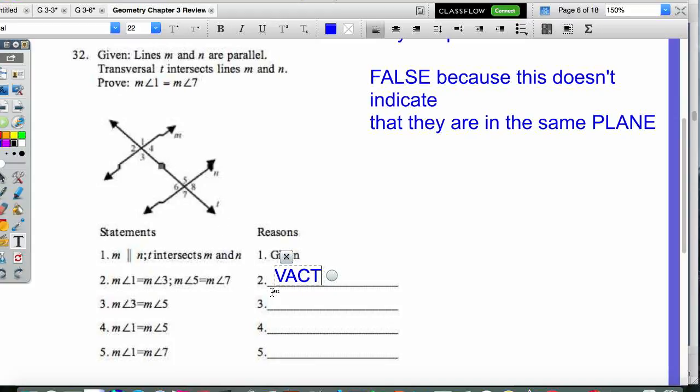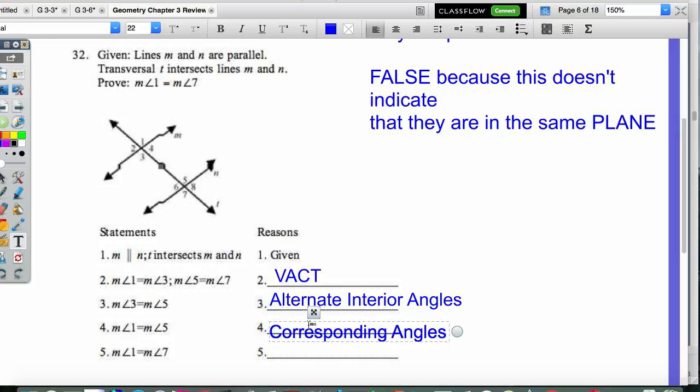And 3 and 5 are alternate interior angles. 1 and 5 are equal because they're corresponding angles.